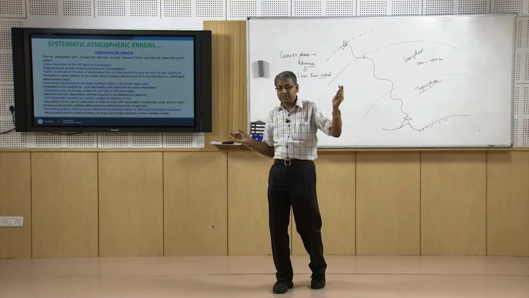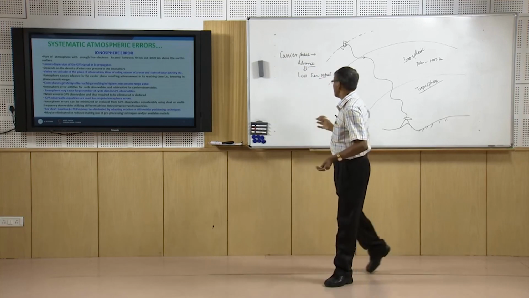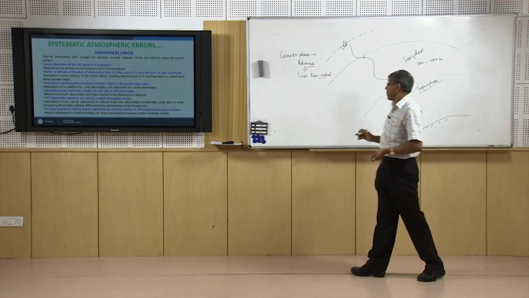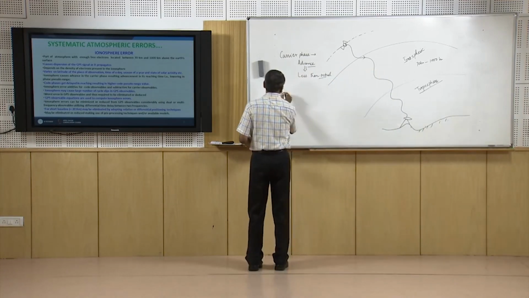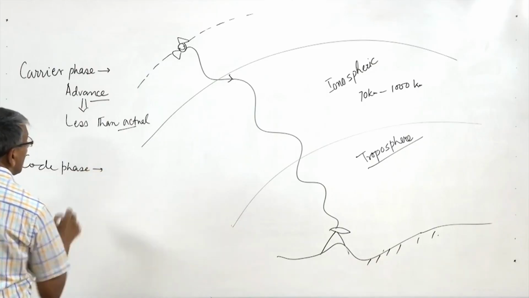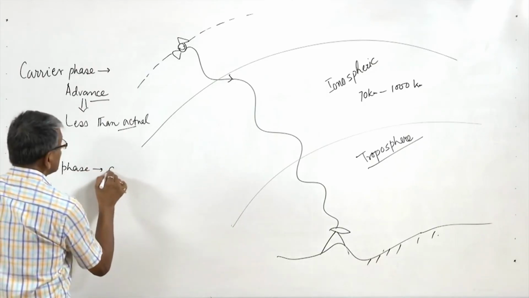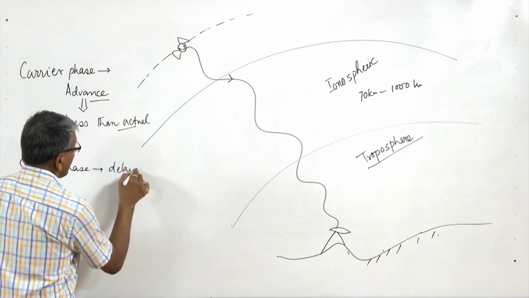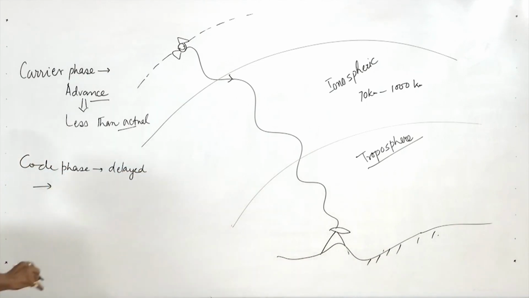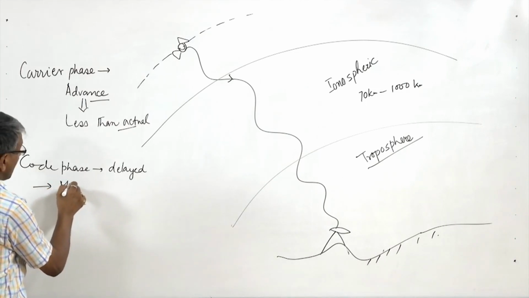Whereas the code phase of the signal will be delayed, and the range measurement will be more than actual.